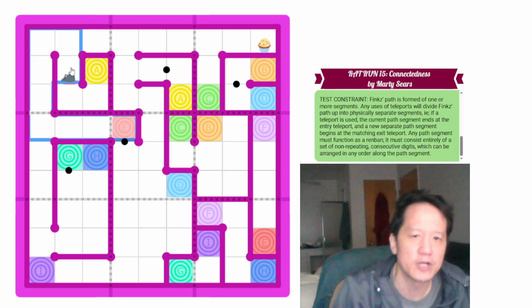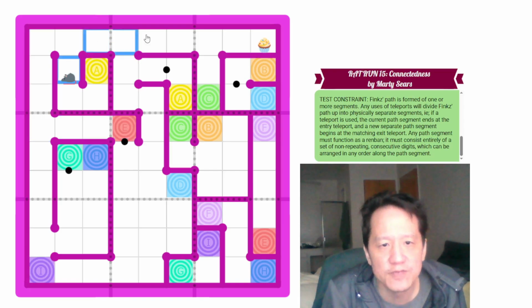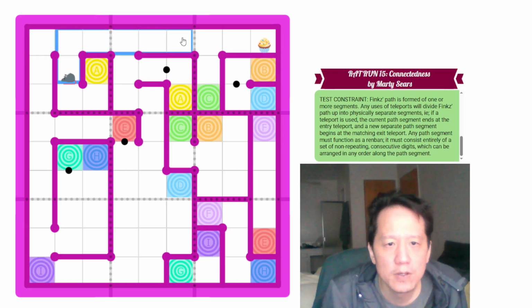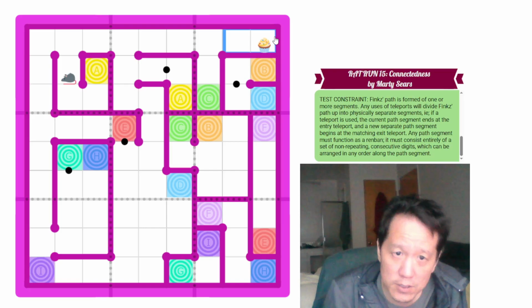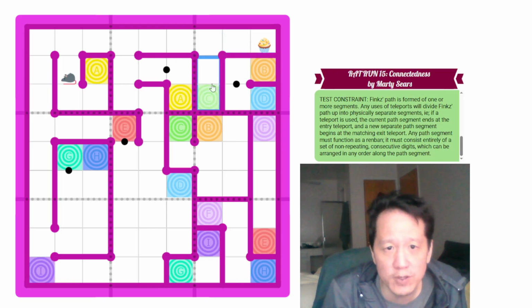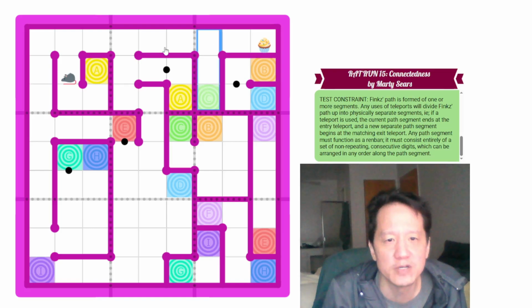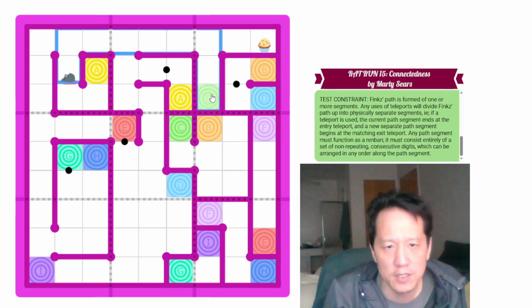Actually, I am sure. It cannot be C, because if it were C, what are the remaining digits in row 1, right? These digits are all the same. This digit has to be one of these two digits, but one of these two digits would have to be one of these cells, right? Because only one of them could be where Finks starts off. So she cannot go to C. What about E?